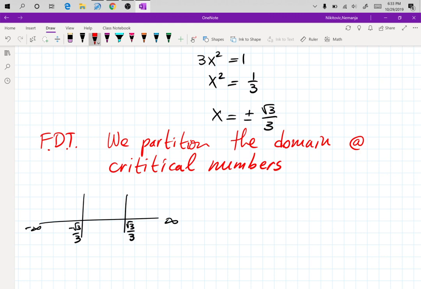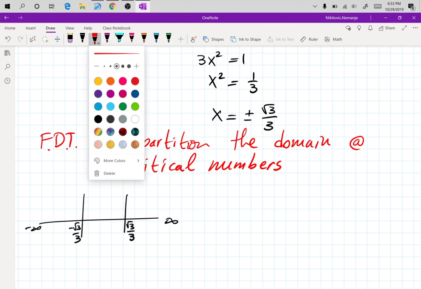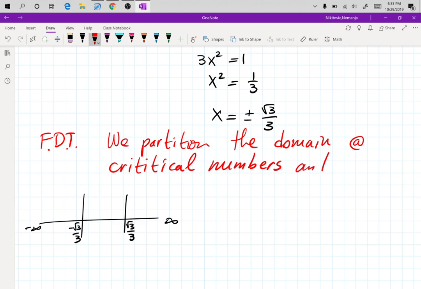So the partitioning is happening at critical numbers. We're also going to learn that it happens at the vertical asymptotes, but we don't have any in this case, so it doesn't help us. So we partition the domain at critical numbers, and then pick test points in each interval.